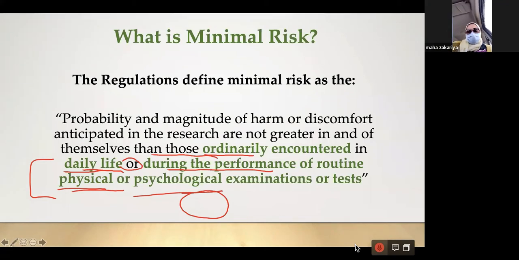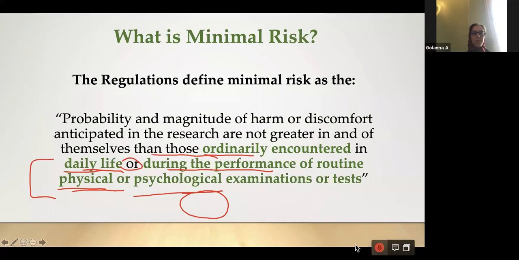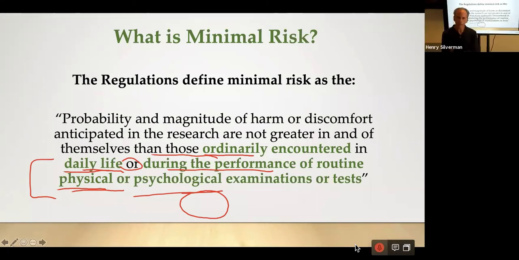Do you think they're greater than minimal risks? No. Okay, all right, good. So just something to think about when you look at survey questions on social behavioral research: are these questions similar to the type of questions we may ask on a routine psychological exam?